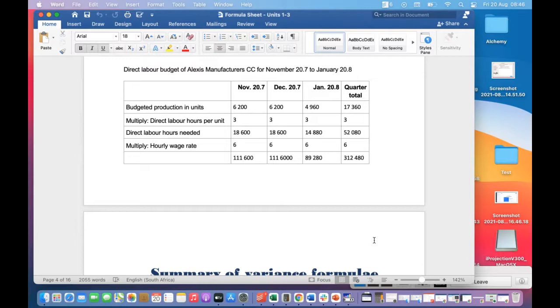Like they'll say, in the past, we've spent 3 hours of labor on every unit to produce every unit. Does that make sense? Then I'll tell you from previous years, we've spent 6 rand per hour on labor hours. So they can say it casually like that.